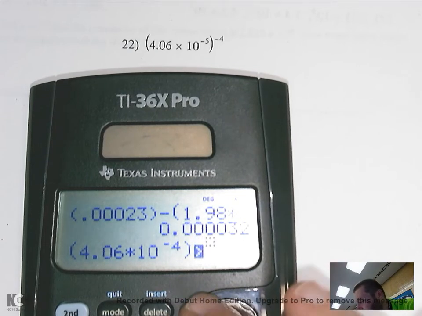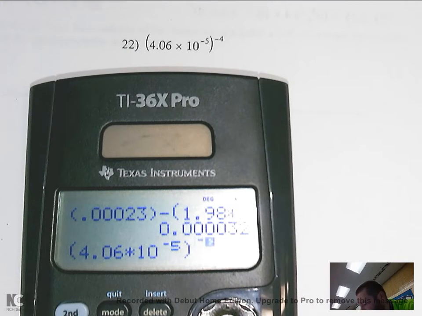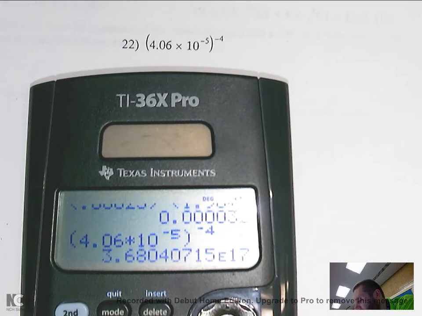Oh, that was a negative 5. Sorry. Negative 5, and then it's negative 4. Okay. Just like I see it right there, right? 4.06 times 10 to the negative 5th, and then to the negative 4 power. Push enter, and I get something in scientific notation, right?